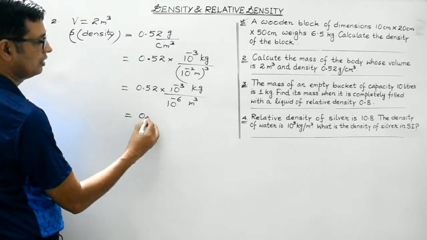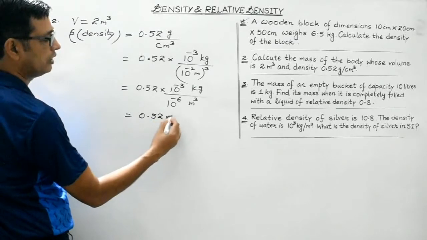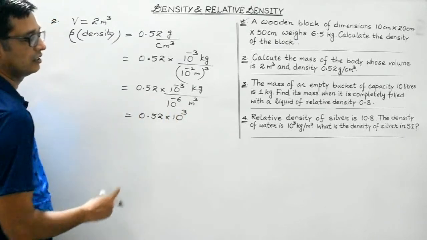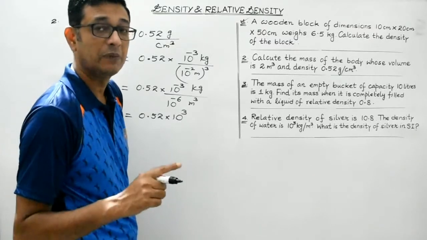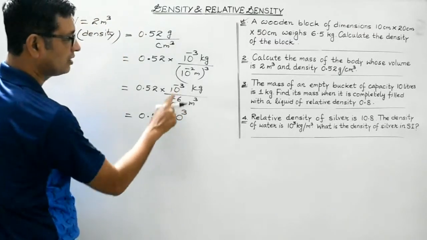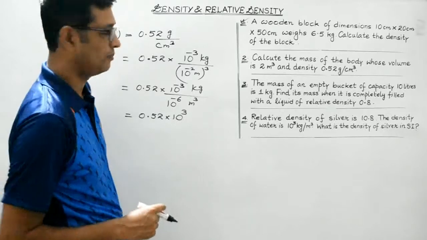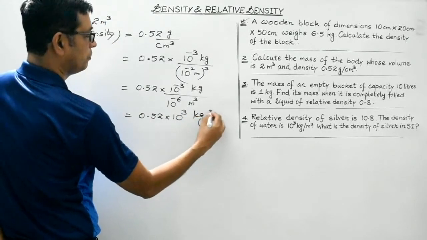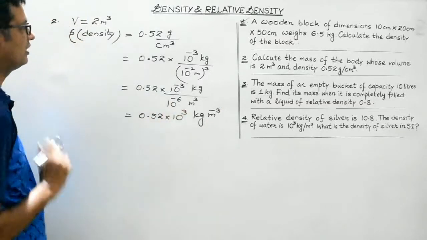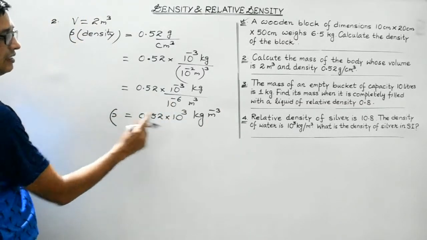So we get 0.52 into 10 to the power 3. 10 to the minus 6, when it goes upwards, it will become 10 to the plus 6. So when bases are same, then the exponents get added up. So we'll be left with 10 to the 3 and units would be kg per meter cube. So this is the density in SI.